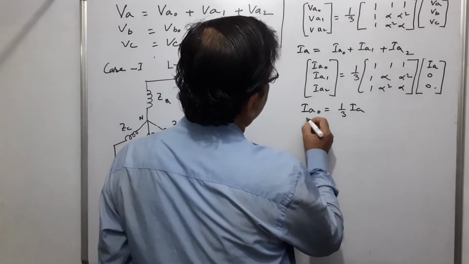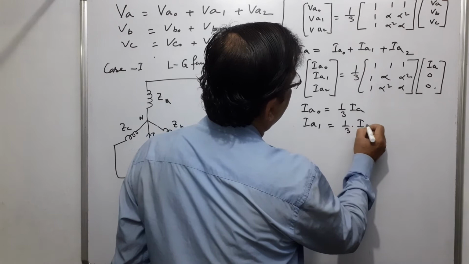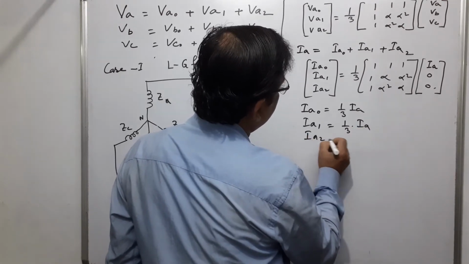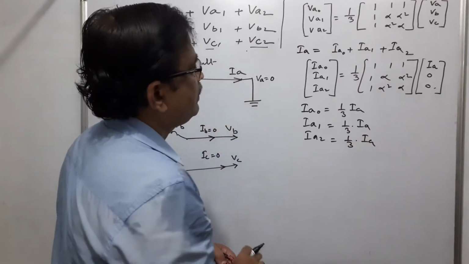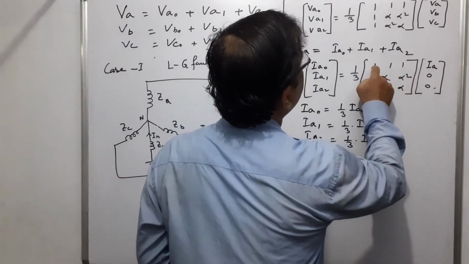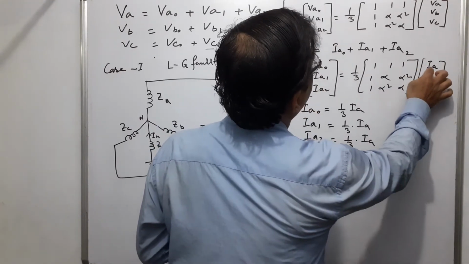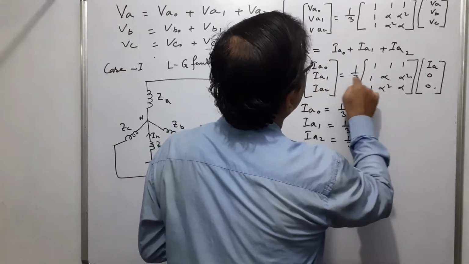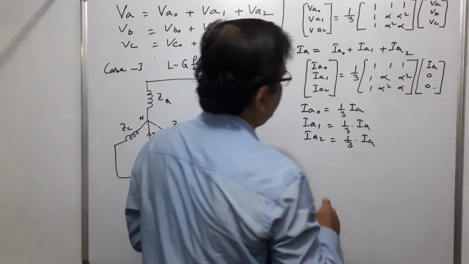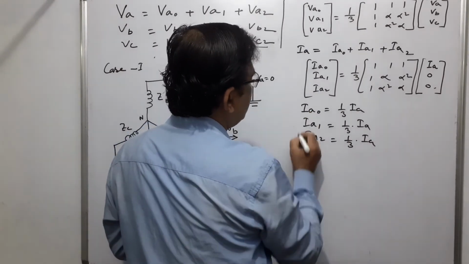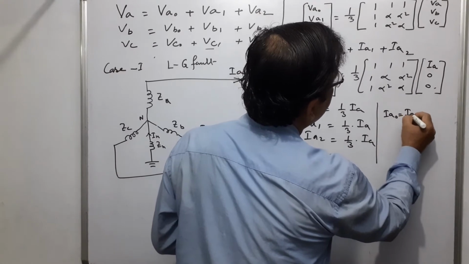Similarly, IA1 is 1/3 of IA, and IA2 is also 1/3 of IA, because it is IA plus 0, plus 0. So from here we can say IA0 equals IA1 equals IA2.